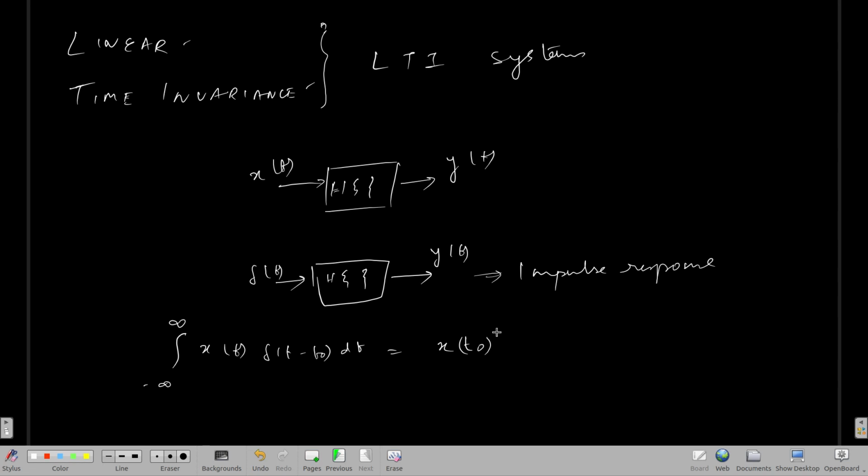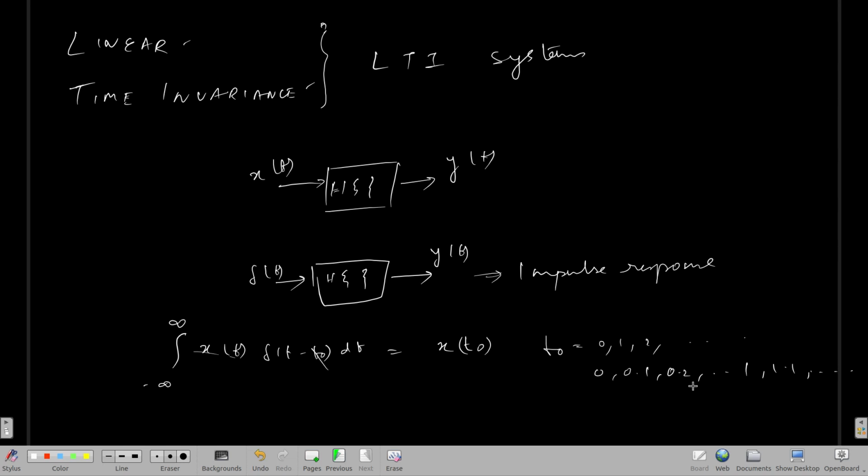Basically what is happening is, if we have an impulse, we can find the value of any signal at each point of time. All we have to do is find the integral, and just change the value of t0, from 0, 0.1, 0.2, etc., 1, 1.1, and so forth.